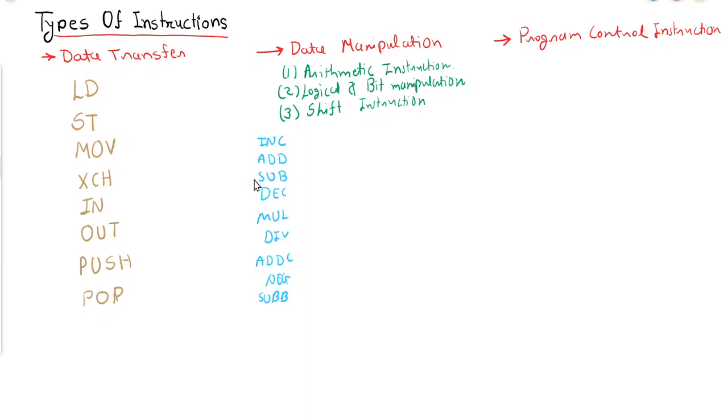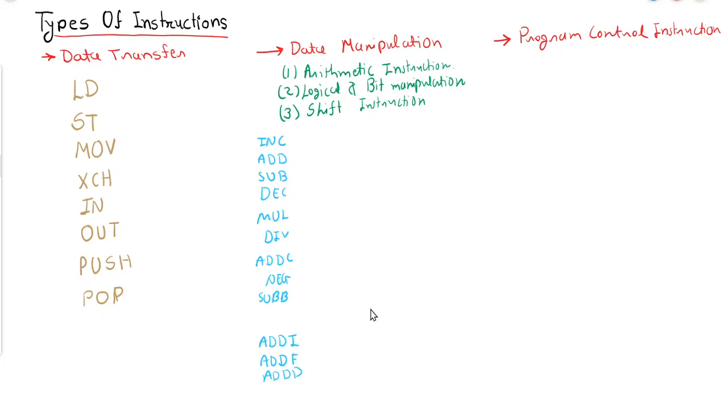If you want to perform the addition of binary integers, then it will be add I. If you want to perform the addition of floating point numbers, then add F. And if you want to perform the addition of binary coded decimal numbers, then you can use add D. So these are the instructions which are specific to the data type.